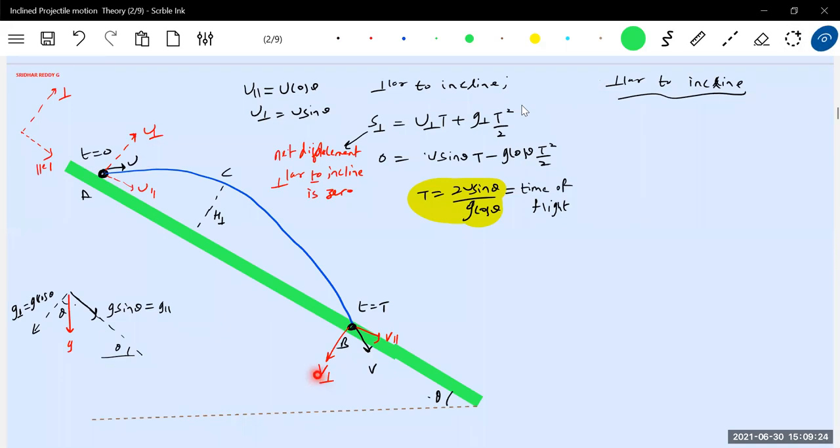V perpendicular is opposite to U perpendicular, so minus V perpendicular equals U perpendicular. Then g perpendicular is also opposite to U perpendicular, so minus g perpendicular into t. This is the thing which we are supposed to calculate. Let's go for it. What should the time of flight be equal to? From here, I'll write one more step.